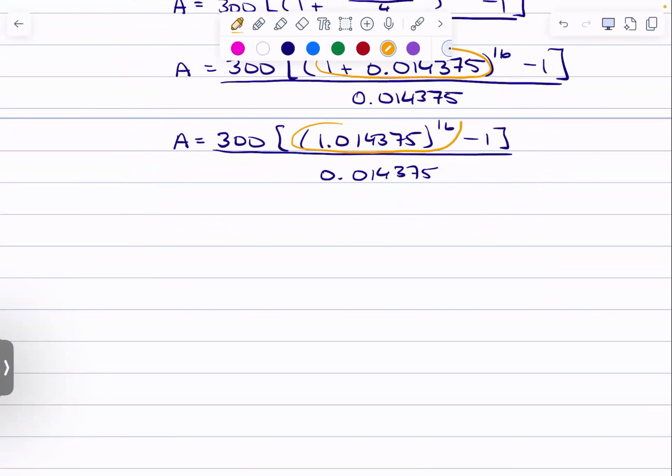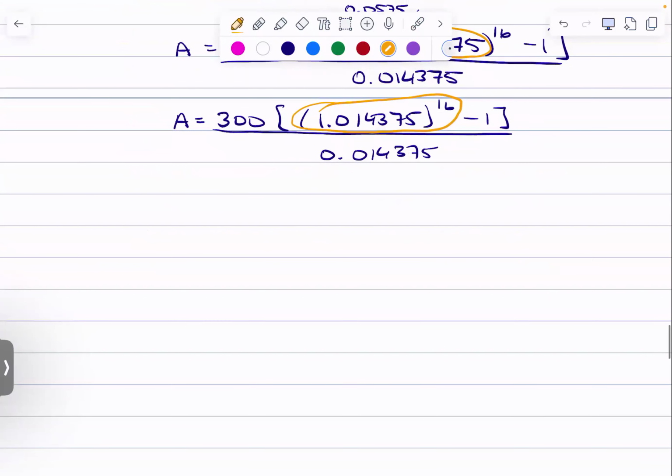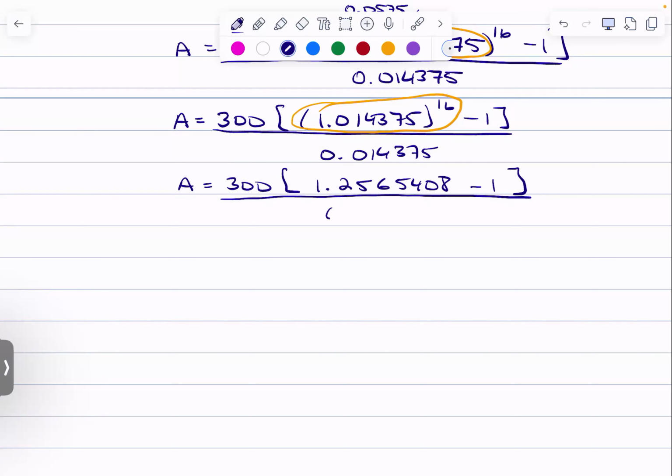Making sure that we do this in the right order. $300 times to the power of 16. 1.256548 minus 1 divided by 0.014375.